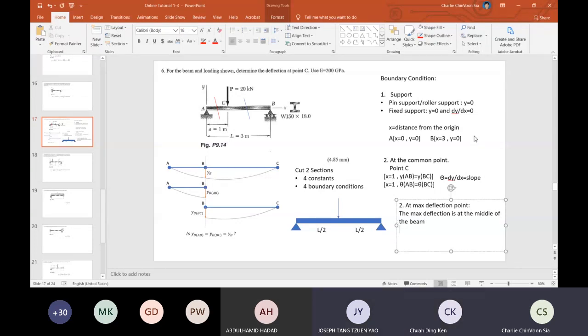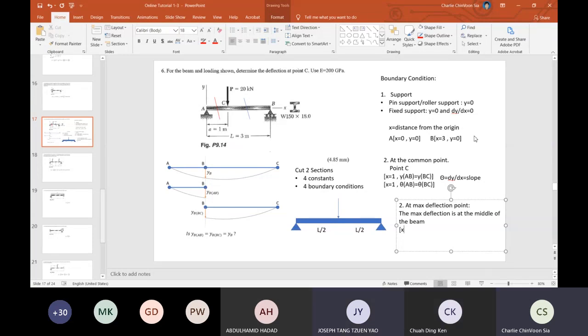Therefore, for the point of maximum deflection, dy over dx is equal to 0. So by using this maximum point, we are able to generate one boundary condition.